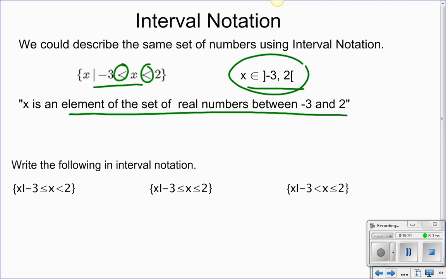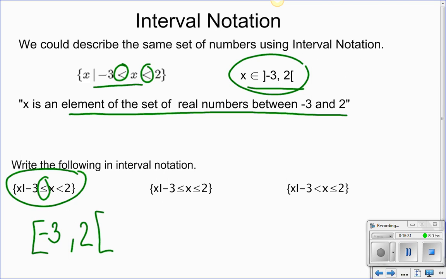So this next one here, the first one does have an equal sign. So x is between those two values. So we're going to include -3, but we're not going to include 2 because that one doesn't have an equal sign. Okay. Here, in the next example, we're going to include -3, and we're going to include 2 because they both have equal signs.